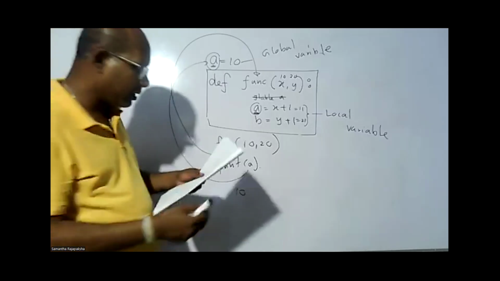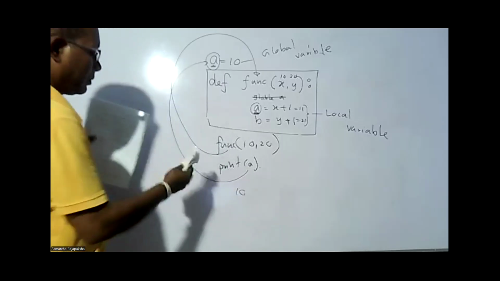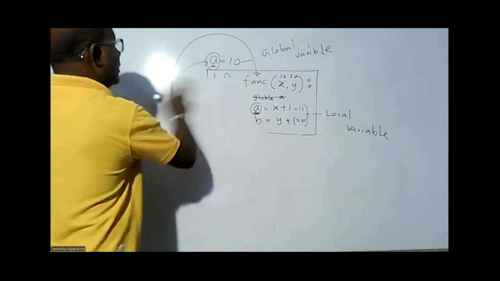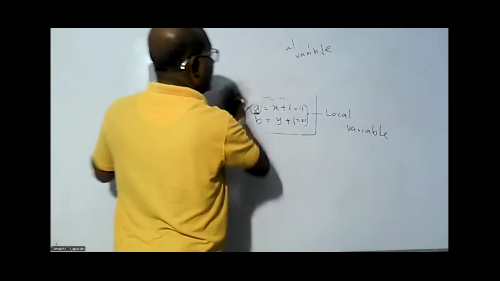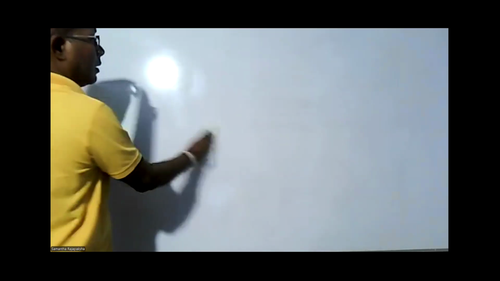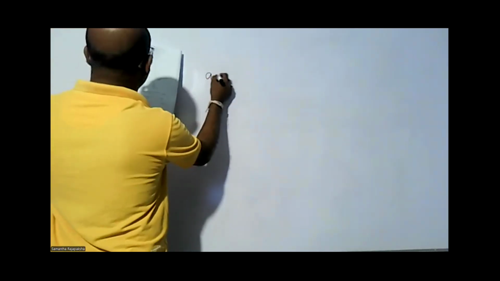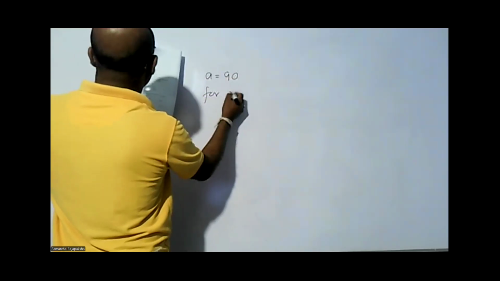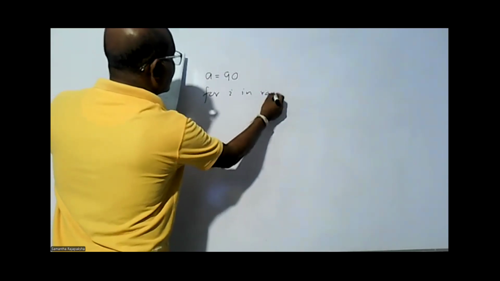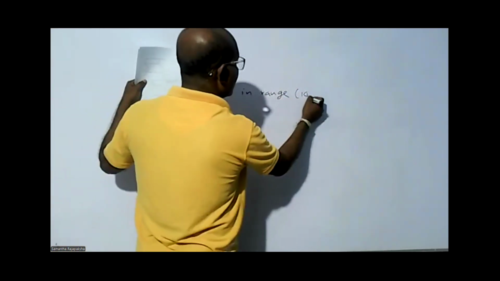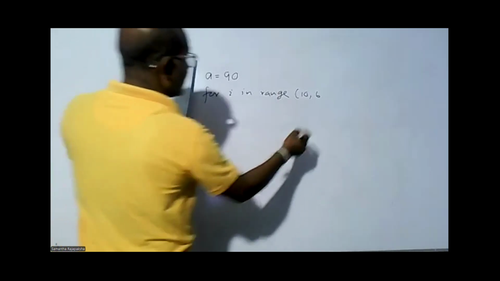Okay, question number 45. Now here we have variable A is 90, for I in range 10, 6, minus 1.